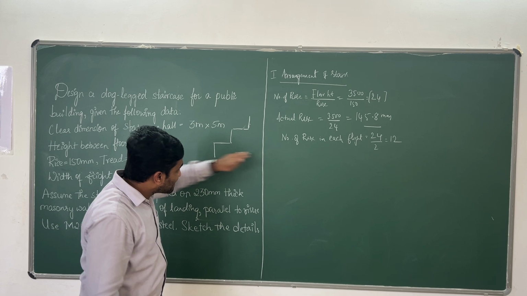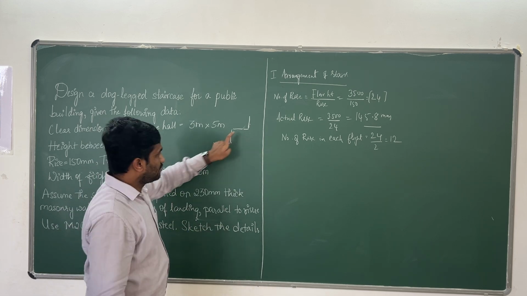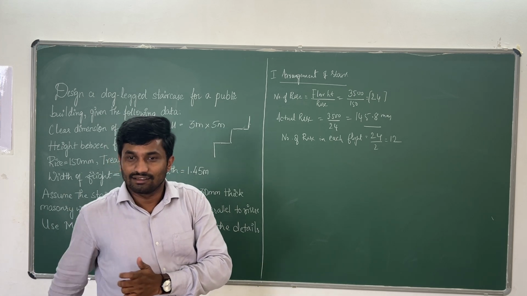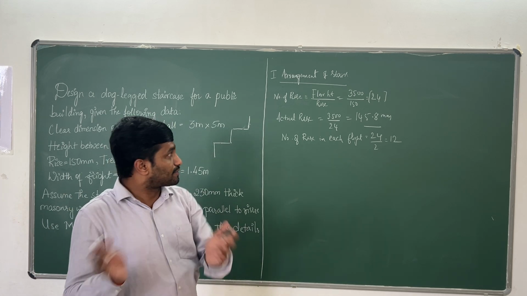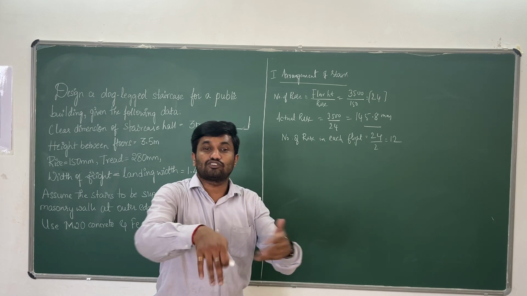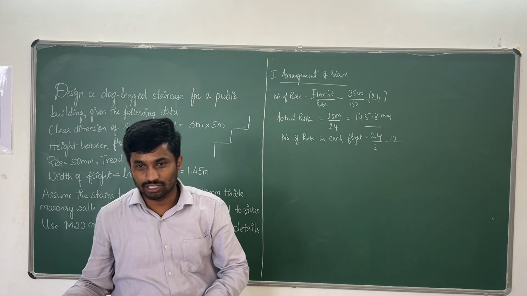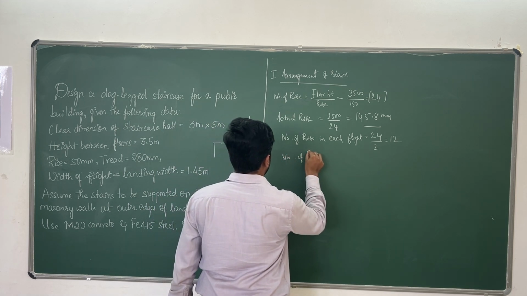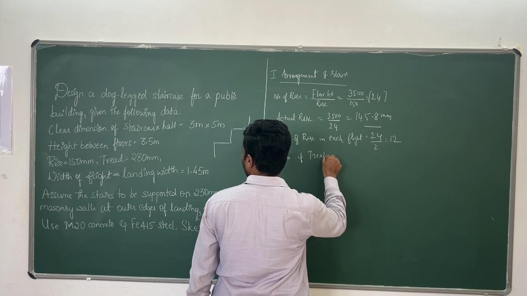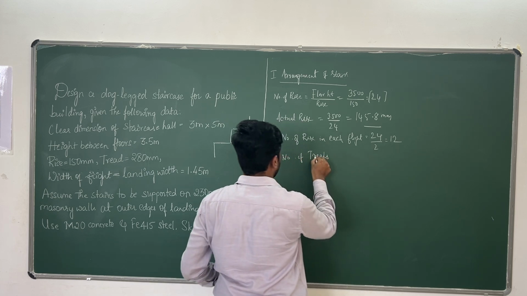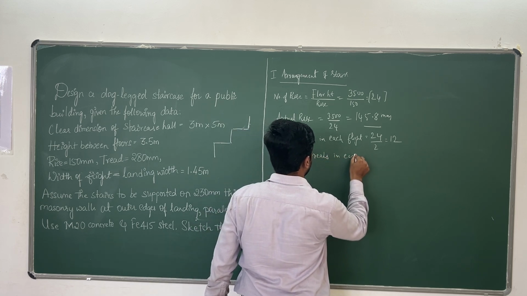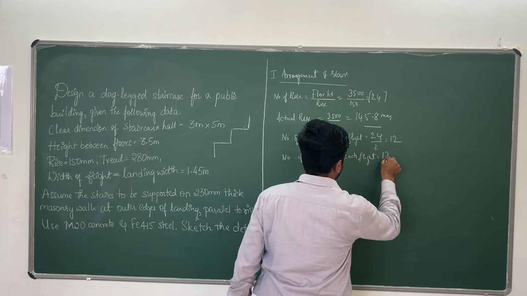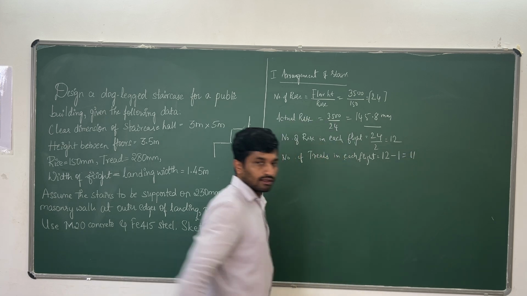How many threads are there? 1, 2. So the number of threads is one less. Right? So now the number of threads in each flight is 12 minus 1. How much? 11. So the number of threads in each flight is equal to 12 minus 1, which is 11.